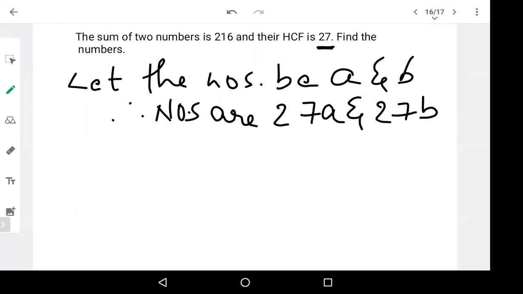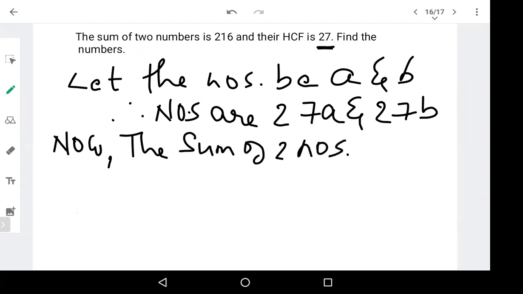Now what is the first information given to us? The sum of two numbers. Sum means addition. So the sum of two numbers is 216.